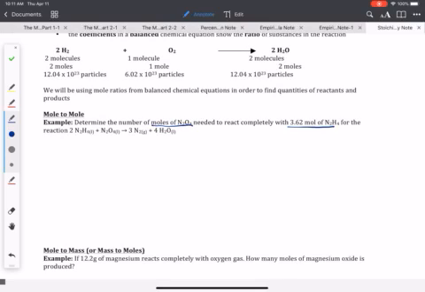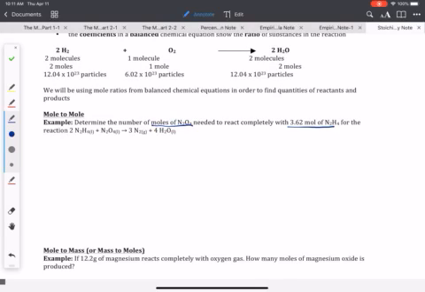You're also given a balanced chemical equation in this case. With stoichiometry questions, you'll always be given an amount of something and asked for an amount of something else. You may be given a balanced chemical equation, or you may have to write it yourself, but you're always going to need one.